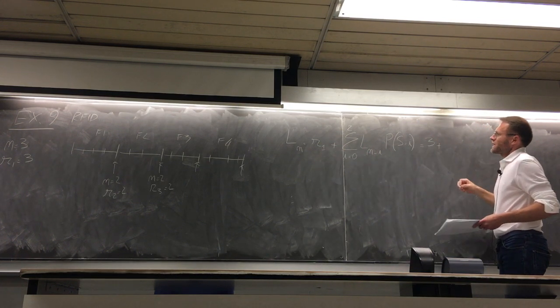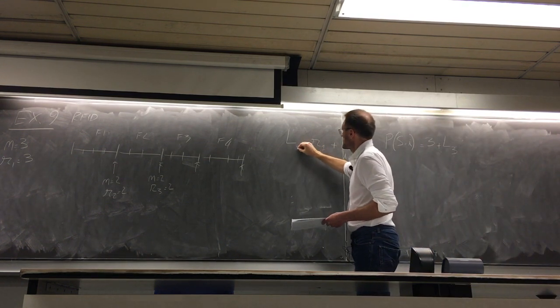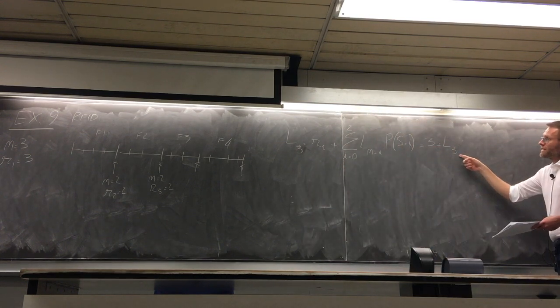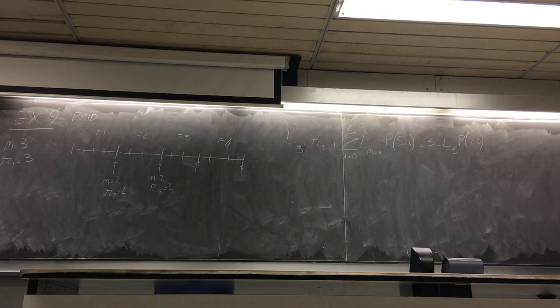Then I have to sum up L of 3, because n is equal to 3, weighted by the probability that S is equal to 0, so I solve 0 tags after the first frame, plus L of 2 times the probability that I've solved 1 tag after the first frame, plus L of 1 times the probability that I've solved 2 tags after the first frame. And that's the recursion. Is it clear?